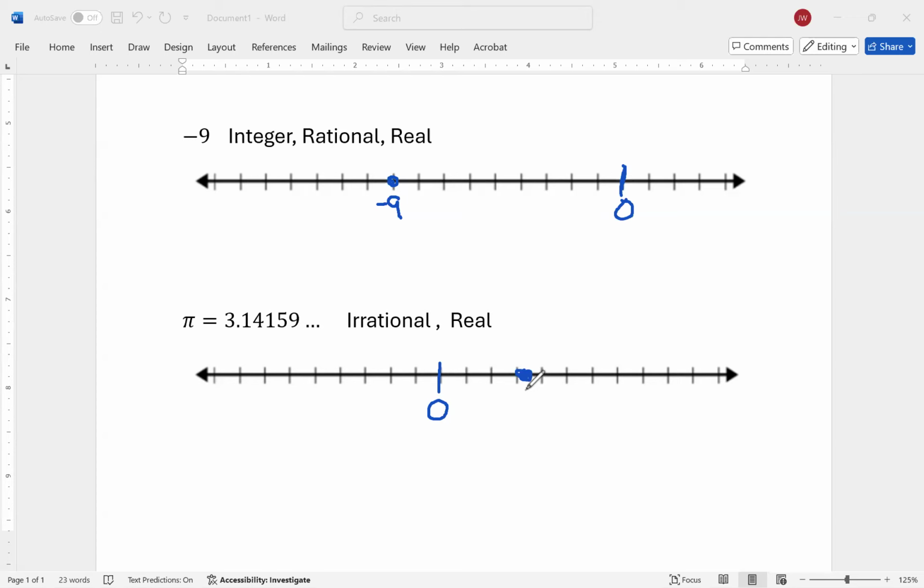So that is where pi is at. And that's it. That's the whole thing. Plotting points on a number line, we can start with 0 anywhere we want. We can classify numerical values. We can also plot them on a number line.